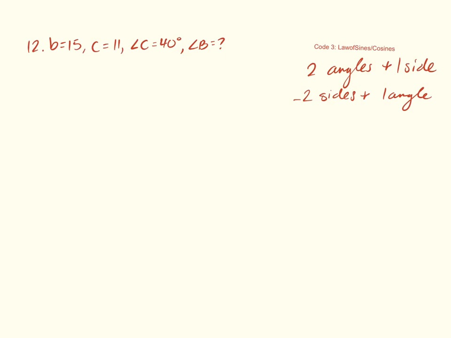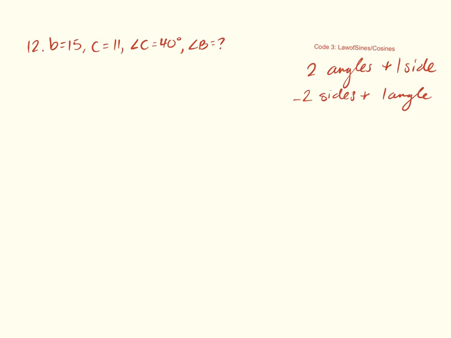Since we're only given one angle, there can be a possibility of two answers. It's an ambiguous case here. So when we solve for angle B, we're going to get two answers.